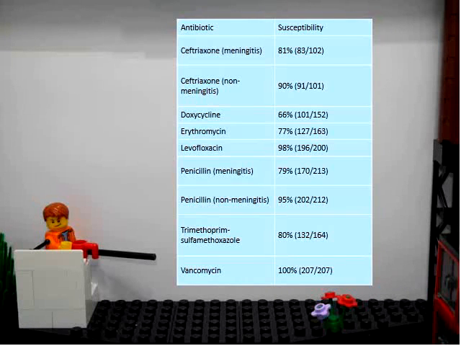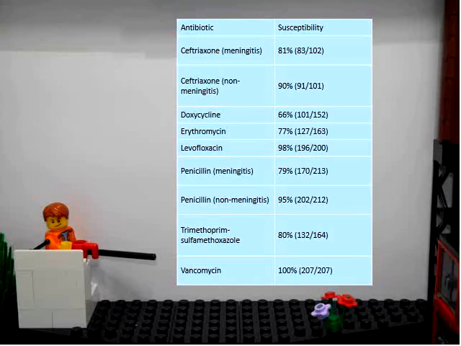This is another organism that it is important to know your local antibiotic sensitivity patterns and antibiograms, as the sensitivity of Streptococcus pneumoniae to penicillin is a rising problem in certain areas.